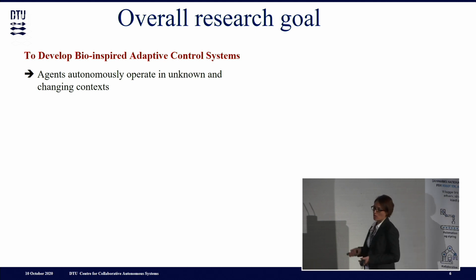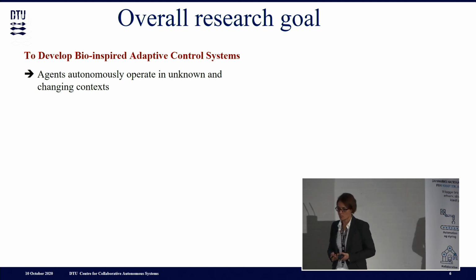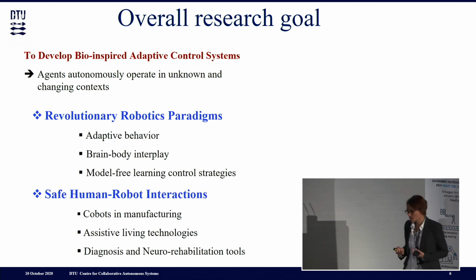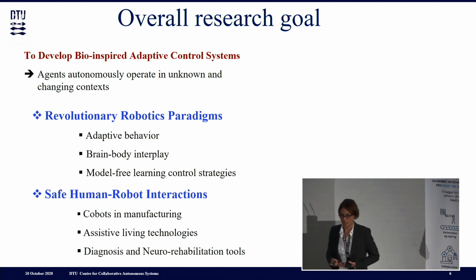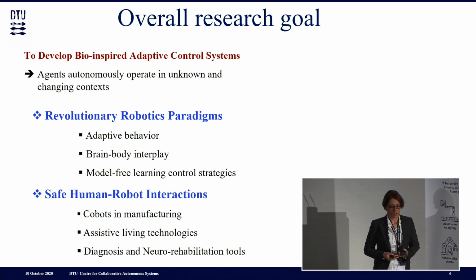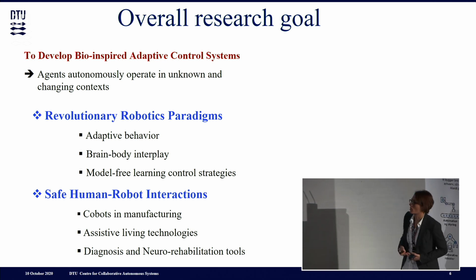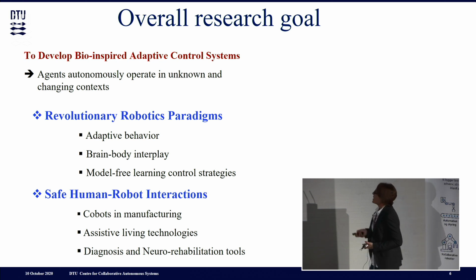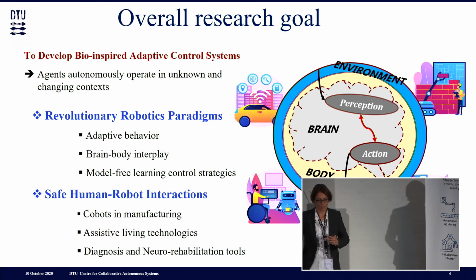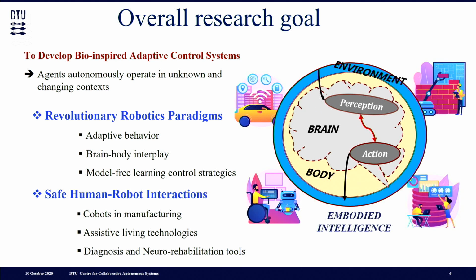That's why at DTU we have been developing bio-inspired control architectures, and I truly believe that by doing this we will open revolutionary robotic paradigms, because those agents will be able to really learn from real-time performances or movements, and we will be able to understand the relationship between the brain and the body, with very little a priori knowledge.